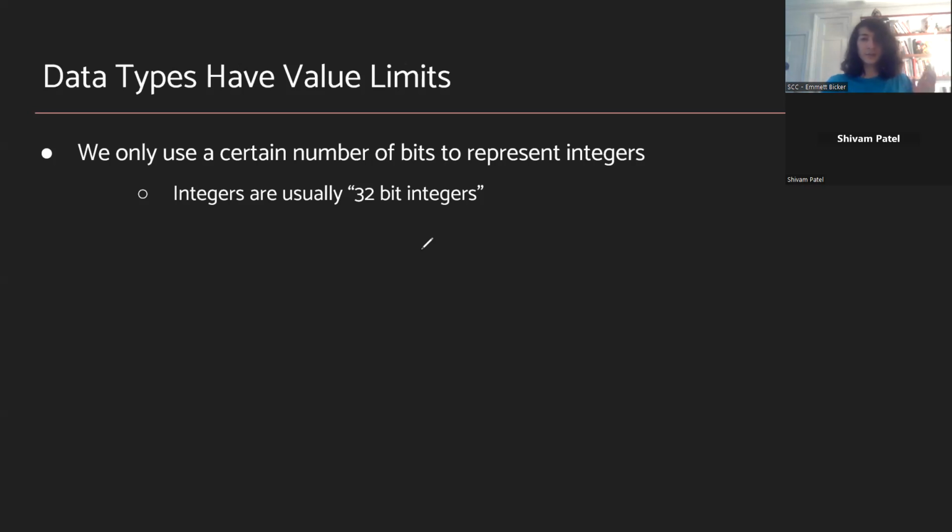Because of restrictions on how much space there is in your computer, you can only store values of things like integers in 32 bits. There are ways to circumvent this, but the standard for an integer is a 32-bit integer.